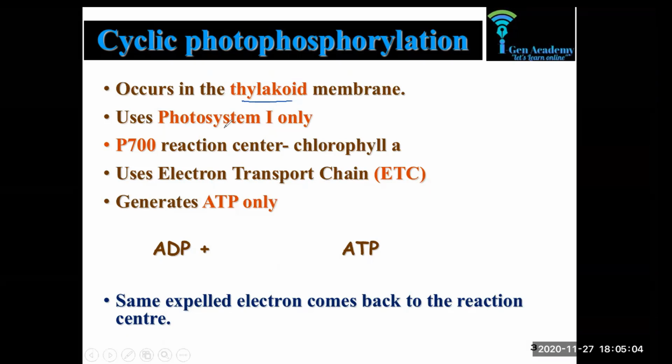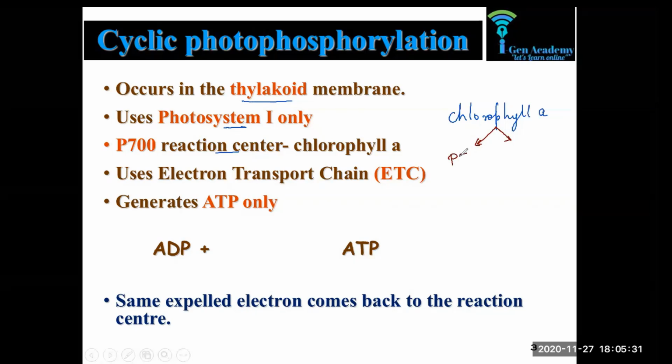Here we have to understand two terms: photosystem and reaction center. In photosynthesis, the chlorophyll molecule that we use is chlorophyll A. Depending upon its wavelength, chlorophyll A is differentiated into two types of reaction center.